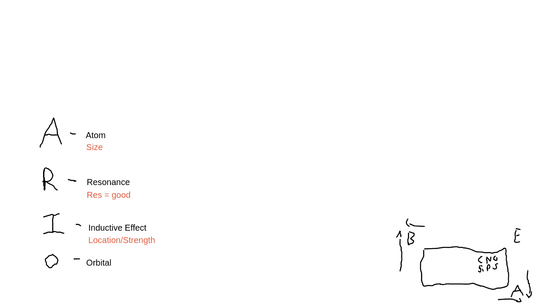For basicity, it's the opposite. You don't necessarily get into orbital much. You shouldn't see that many examples, but if you do, those are the trends.